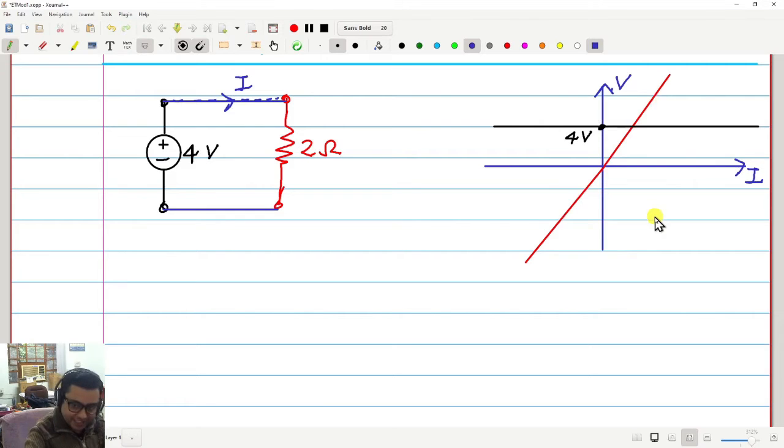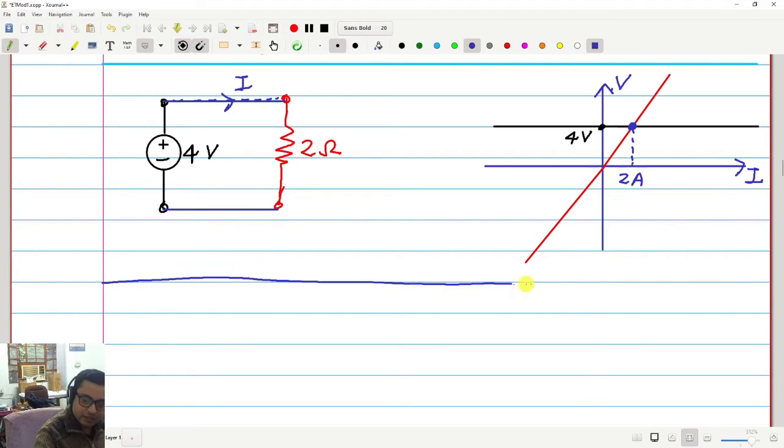Intersection point of the lines. Excellent. The intersection point will be this point, right? Yes, sir. So using these graphs you can also solve circuits. Although this is a very simple circuit, sometimes it will be very useful. Very good, excellent.